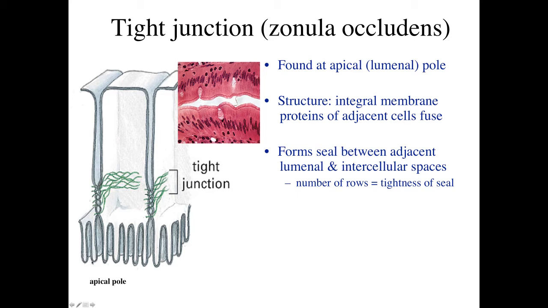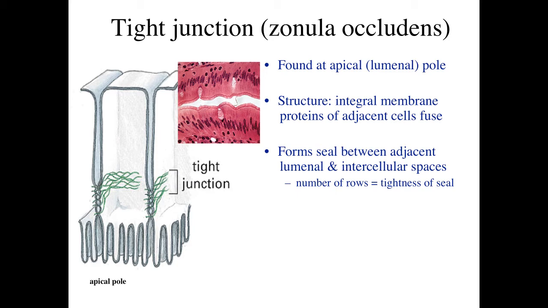So, for example, if this is luminal space, it would be in here. This would be intracellular space here, and intracellular space here, because you would imagine this would be a cell like this. This would be the portion of another cell or the portion of a third cell. These zonula occludens or tight junctions are forming seals.